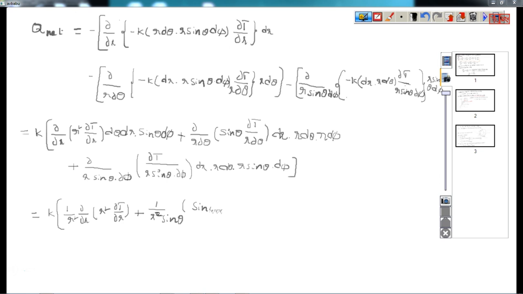sin theta into dou t by dou theta. Okay, means here I have taken r sin theta, dividing this equation by sin theta. Therefore if I divide by sin theta, it is kept as it is, and here one sin theta will come. Here I have divided this equation by r square, therefore here r square will be coming.